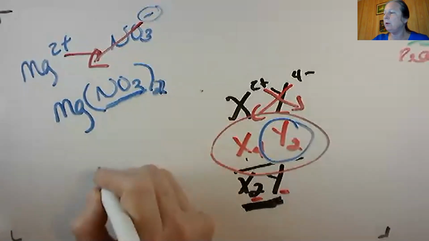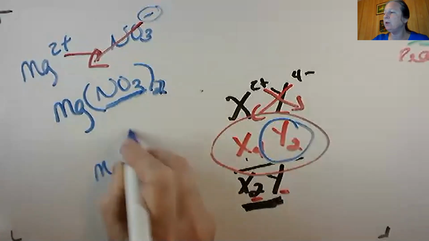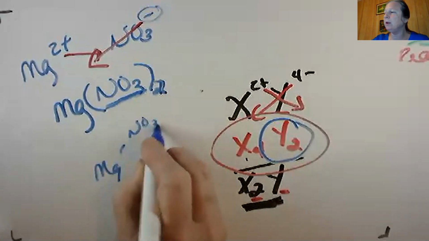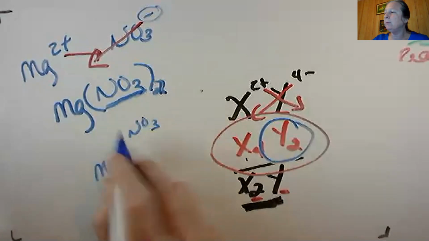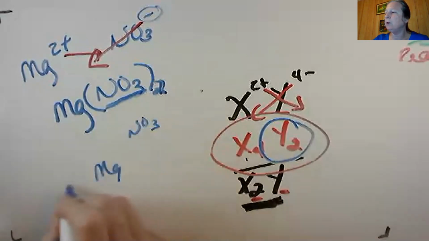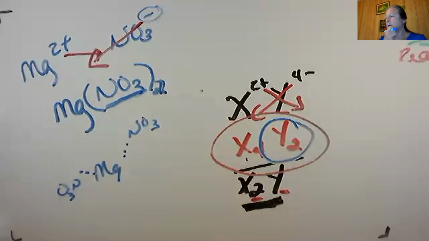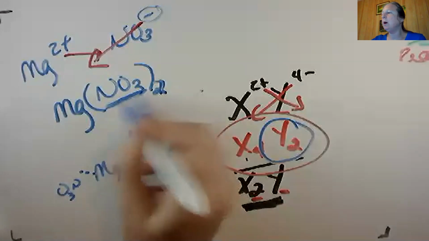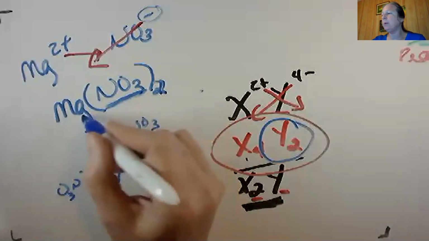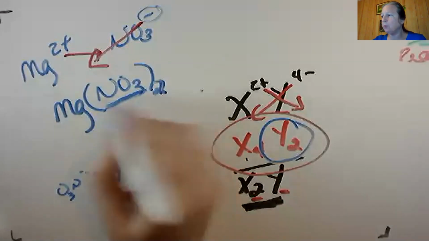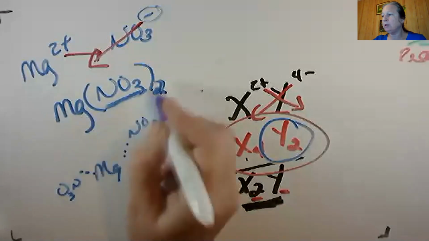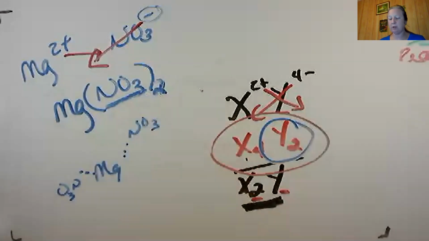So you have a magnesium and you have a nitrate hovering over here, and you have a nitrate hovering over here. But you have 2 nitrates for every 1 magnesium. And so you put your parentheses around your polyatomic anion and put your 2 on the outside of it.